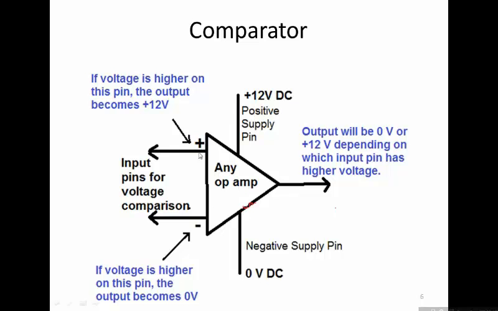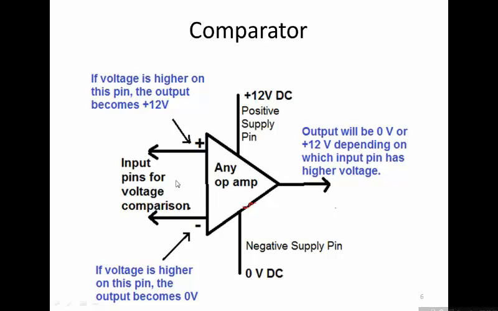This is the symbol of the operational amplifier with these two inputs. This is the non-inverting terminal, this is the inverting terminal. These are the supply levels, plus 12 volts. This is either 0 volts or minus 12 volts or some negative supply voltage. Here 0 volts is applied. This one is the output.